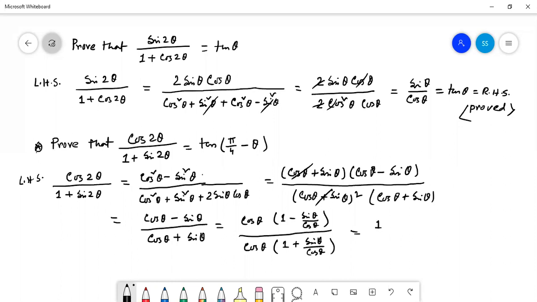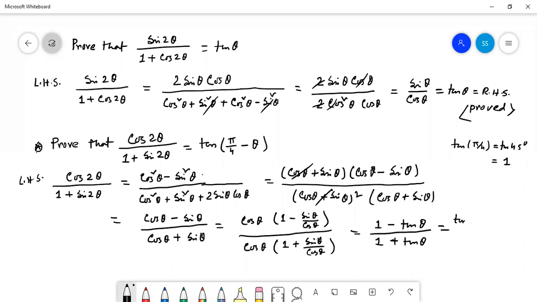So 1 minus sin theta by cos theta means 1 minus tan theta, by 1 plus sin theta by cos theta means 1 plus tan theta, right? Tan pi by 4 means tan 45 degrees, that is the value 1. So instead of this 1, we can write tan pi by 4.